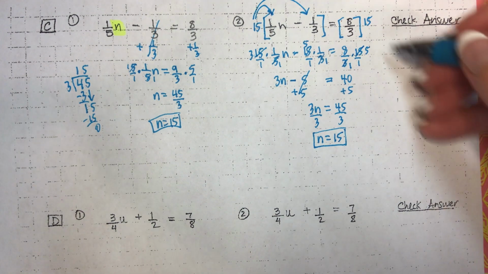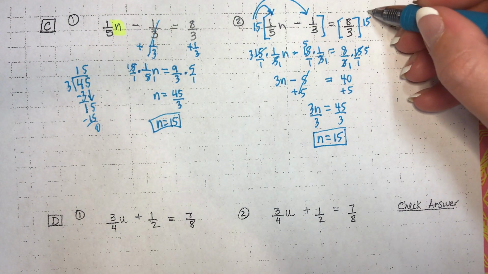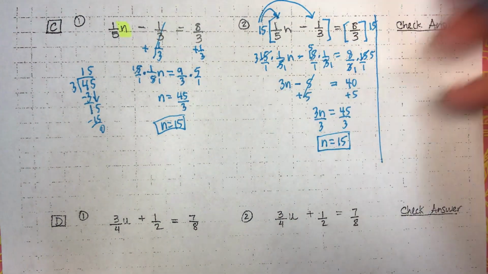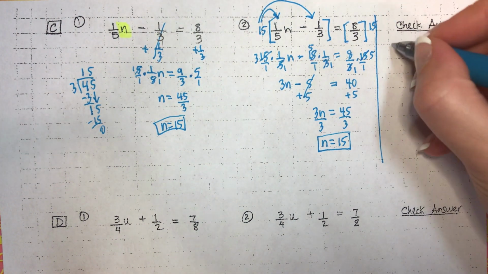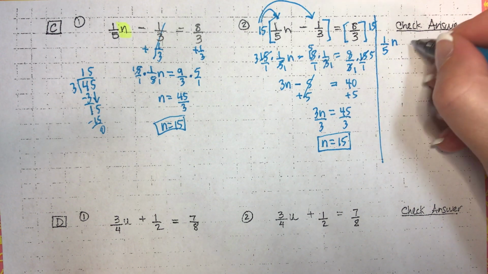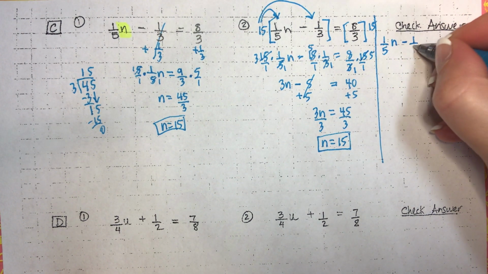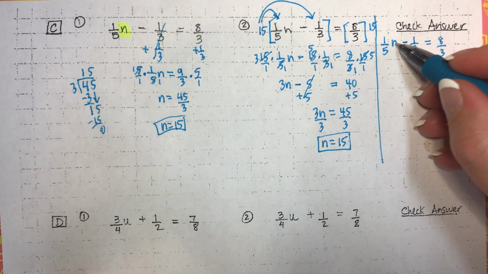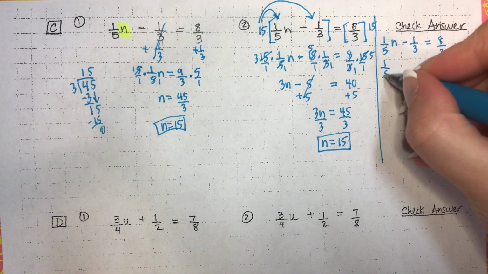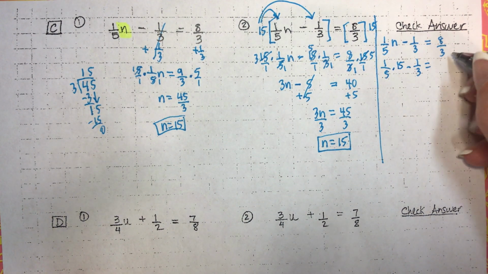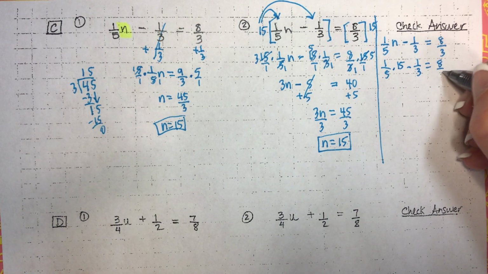That's awesome. Okay, so now we're just going to check our answer. We're going to go ahead and write that original equation: 1/5 n minus 1/3 equals 8/3. And we substitute that 15 in for n. So we have 1/5 times 15 minus 1/3 equals 8/3.